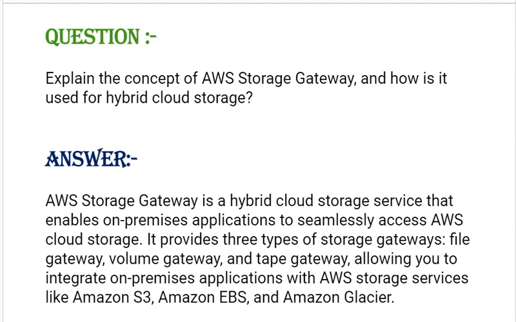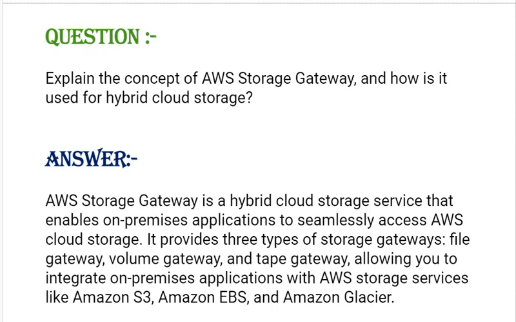Our next interview question is: explain the concept of AWS Storage Gateway and how is it used for hybrid cloud storage? Your answer should be: AWS Storage Gateway is a hybrid cloud storage service that enables on-premises applications to seamlessly access AWS cloud storage.